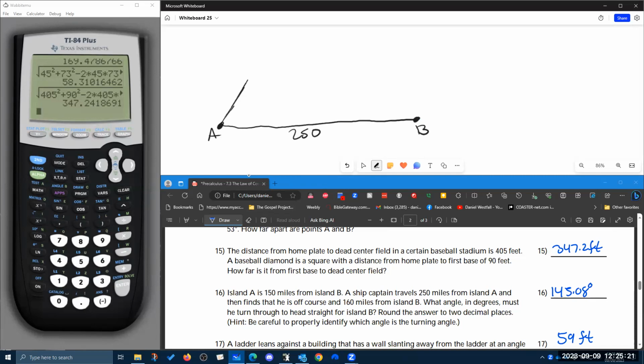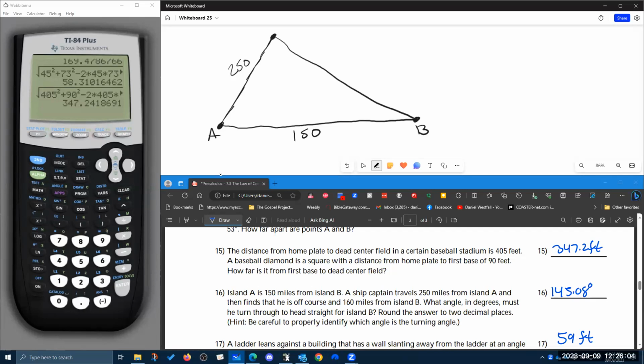So he heads this way, say, and he goes 250 miles and is like, I must be going the wrong way because I was only supposed to go 150 miles to get to my destination. I'm already 100 miles more than I was supposed to go. So he realizes that he's off course.